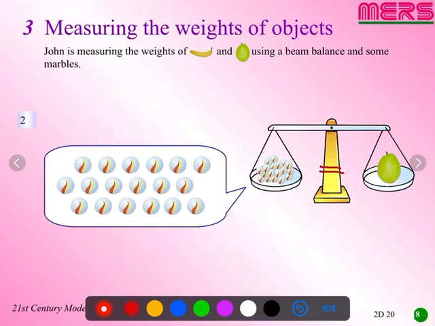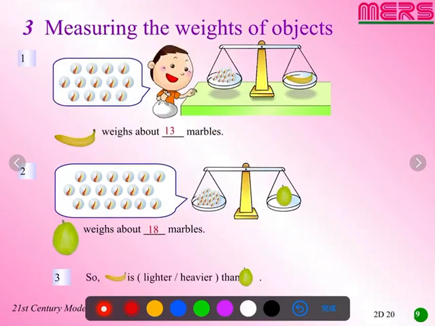How about pear? Okay, pear. So yes, they are the same. So now you just need to count the number of marbles so that you know the weight of pear. It will be 18 marbles. 18 marbles, right? And let's compare their weights by the number of marbles.